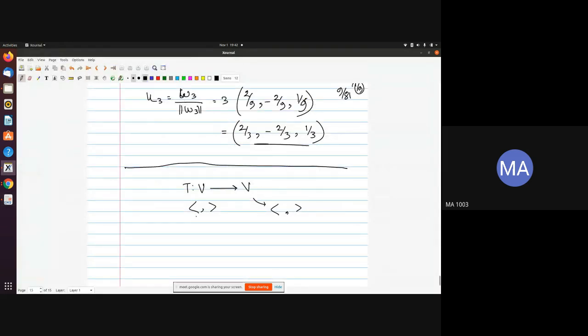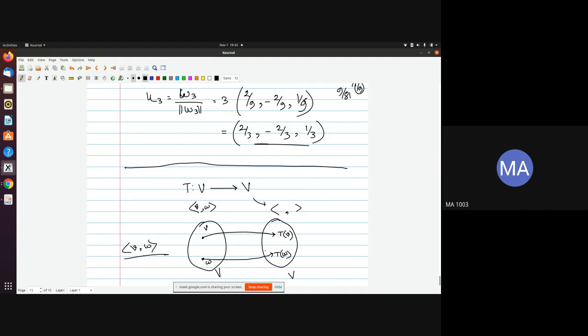Suppose I have two vectors V and W. I get an inner product of them, which gives me some scalar. Now I have the images: V goes to T of V, and W goes to T of W. We calculate the inner product of V and W here.